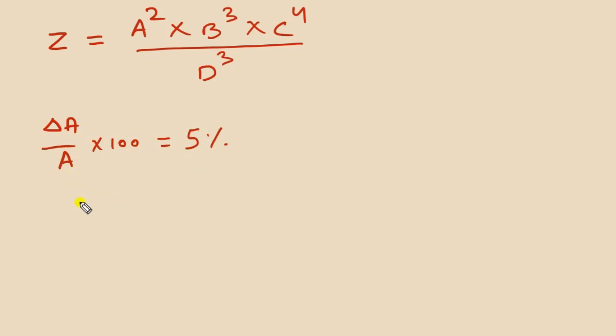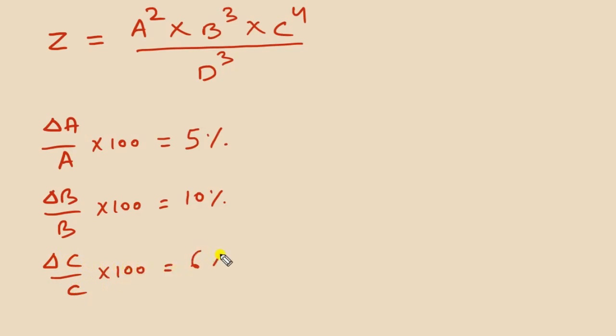The percentage error in B is, let's say, 10%. The percentage error in C is, let's say, 6%, and the percentage error in D is, let's say, 4%.